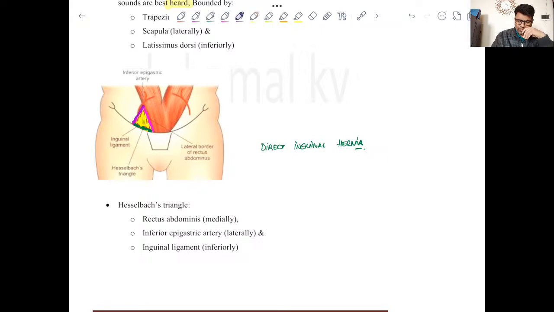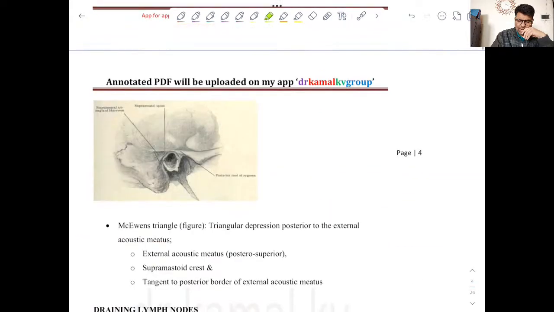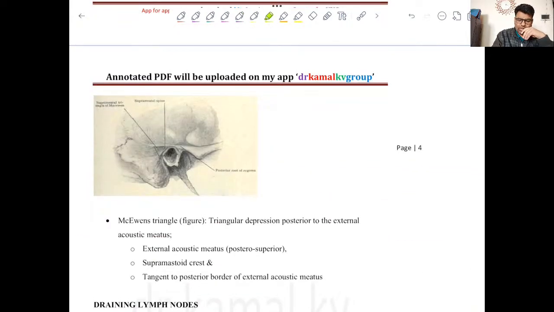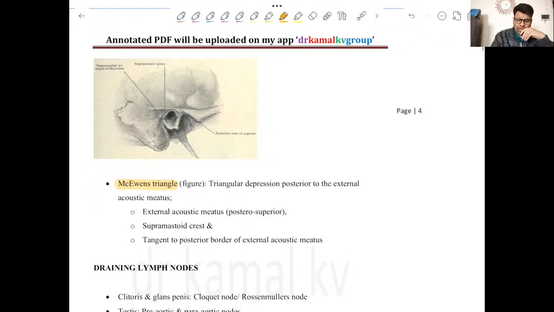Now one more triangle, and that is important in ENT, and this is McEwen's triangle. Here on the upper side there is supramastoid crest. Okay, so this is the supramastoid crest. This part is the postero-superior margin of the external acoustic meatus, and thirdly we have to draw a tangent, right?